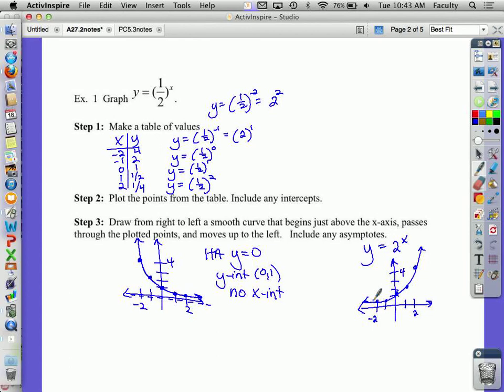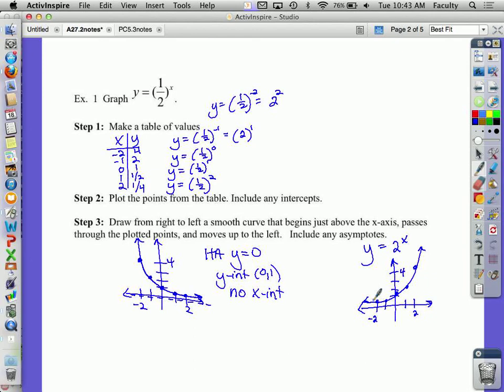Now I want to compare these because there is a connection between 1/2 to the x and 2 to the x. Can anybody tell? Use the proper mathematical language. Instead of flip, what's the word we use? Not reciprocal, it starts with an R though. A reflection, okay.